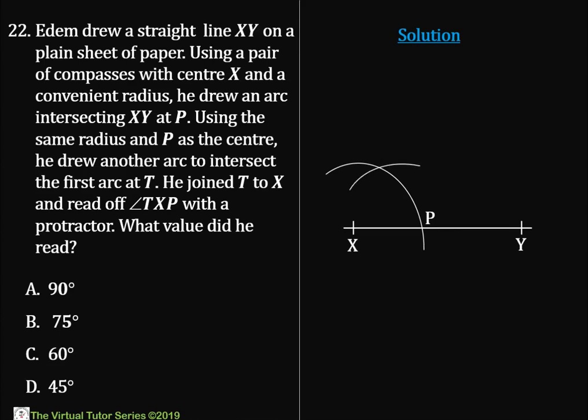Let's name the point of intersection of the first arc and the second arc T. We now join T to X, and the angle constructed is obviously 60 degrees. Therefore, the correct answer is option C.